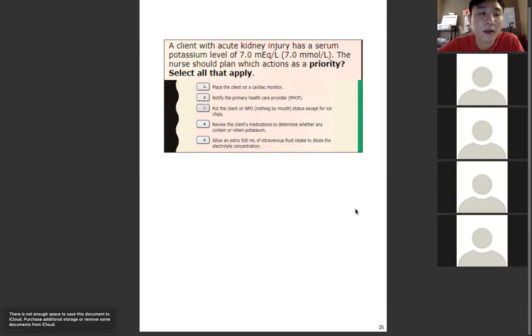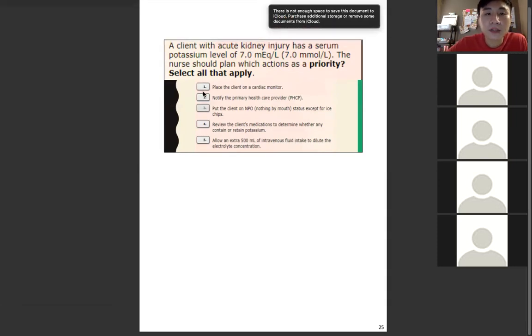Say select or apply questions, okay, guys? Okay, so what will we do when the potassium level is too high, out of range?